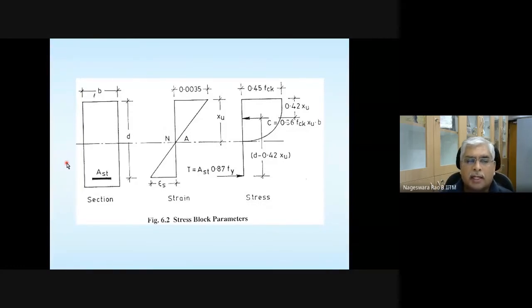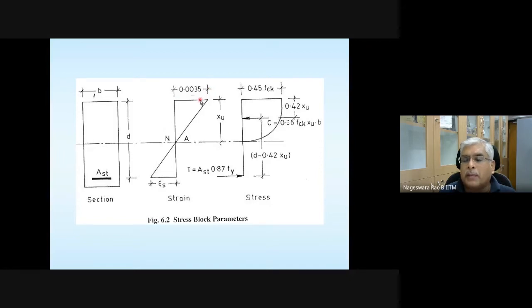Rectangular section having dimensions B and D, reinforced on the tension side. Area of steel in tension reinforcement is Ast, and the strain diagram is drawn based on the assumption that plane sections remain plane before and after bending.